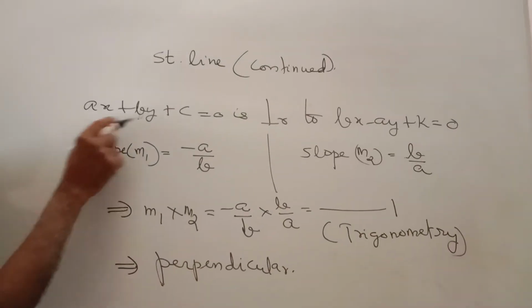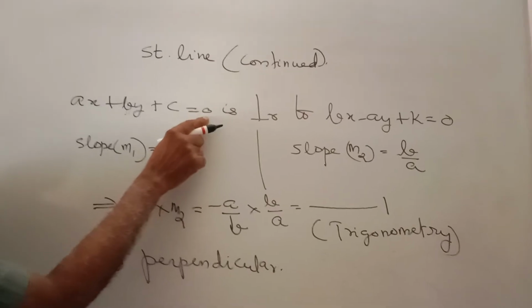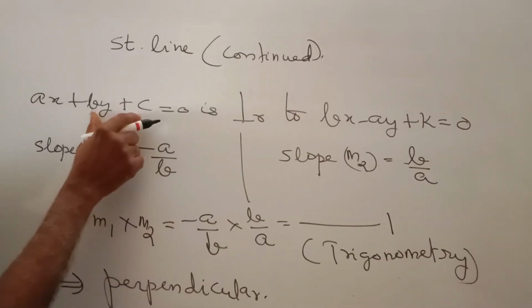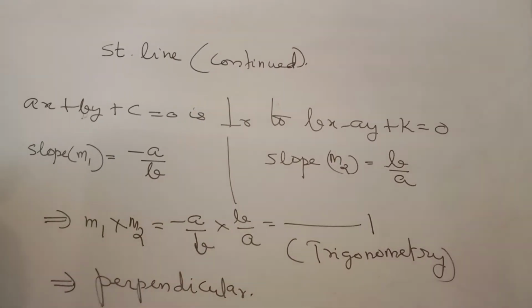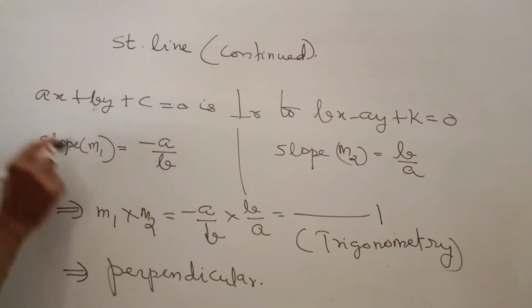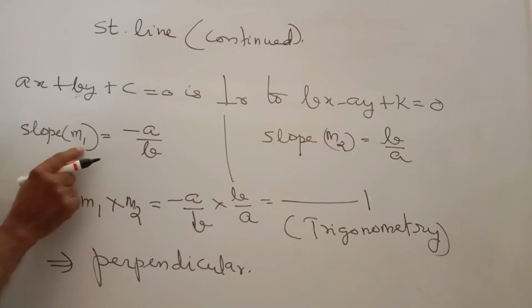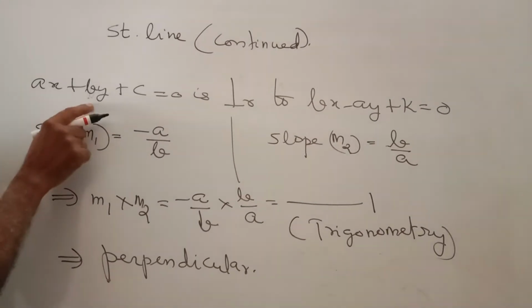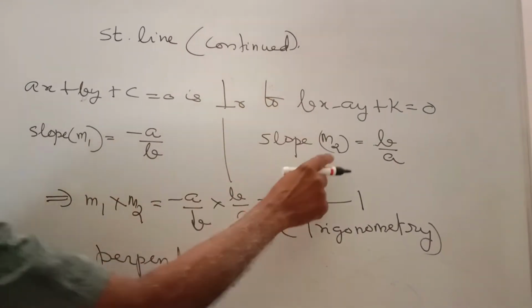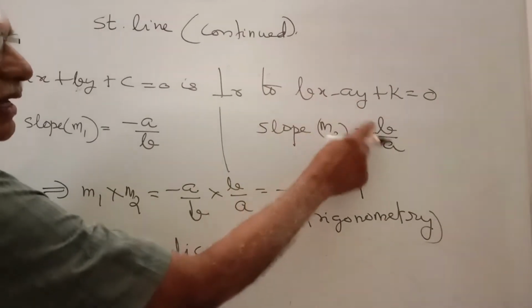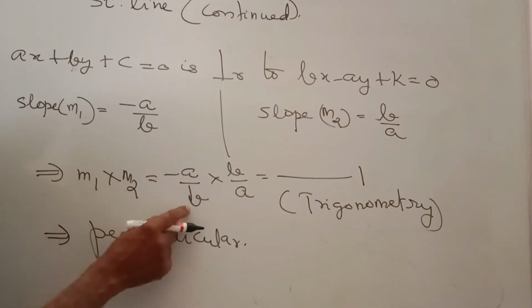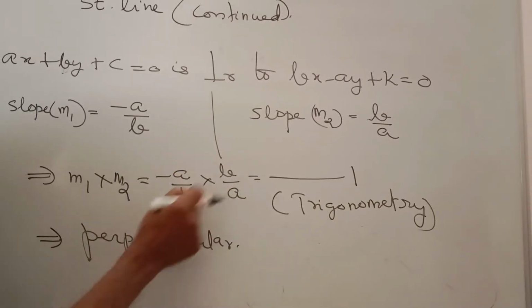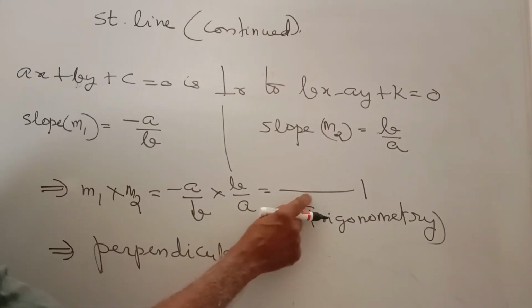Now we have ax plus by plus c equal to 0. A straight line is perpendicular to bx minus ay plus k equal to 0. Here we apply slope of this m1 is minus a by b. Slope of this m2 is b by a. And product of the slopes m1 m2 is minus a by b into b by a, cross multiply, simplify, get minus 1.